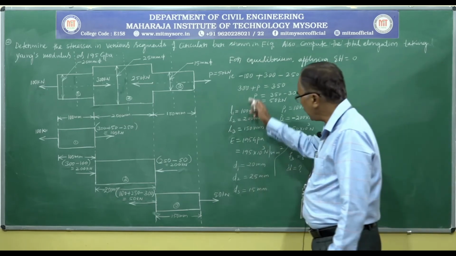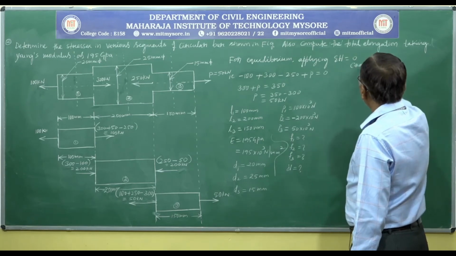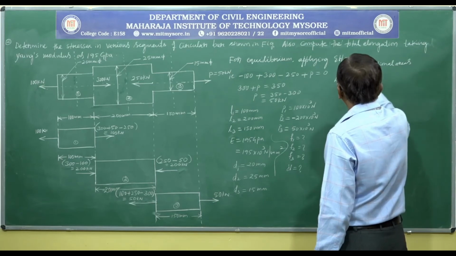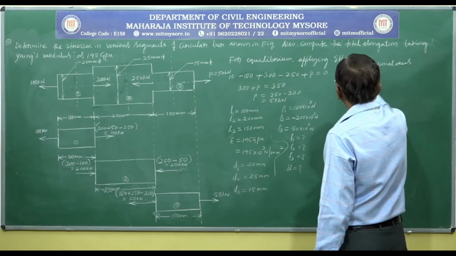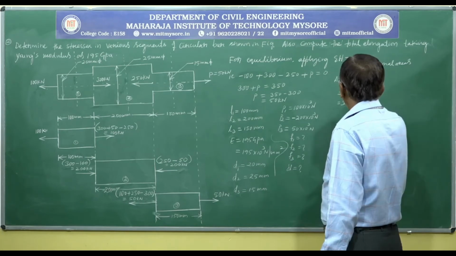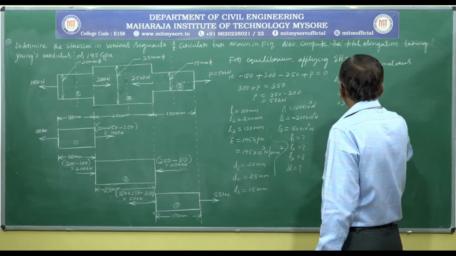Now calculate cross sectional areas. A1 is equal to pi d1 square by 4, that is equal to 314.15 millimeter square.